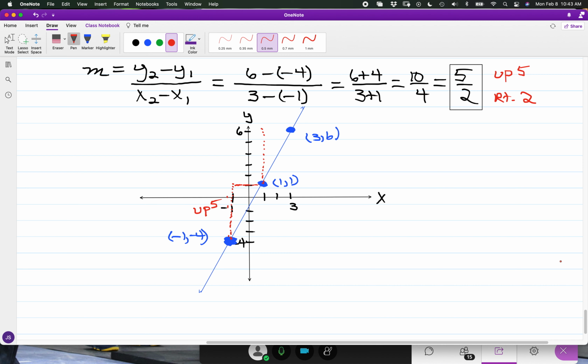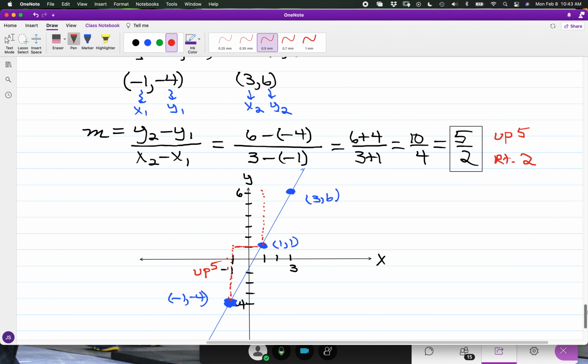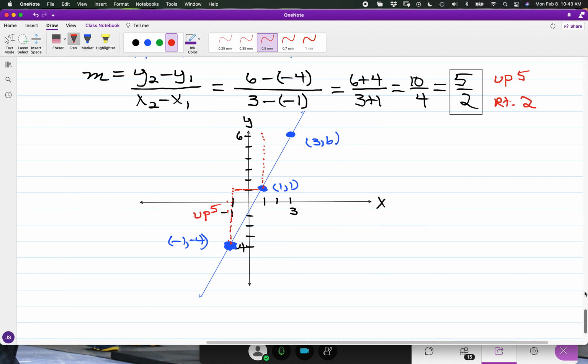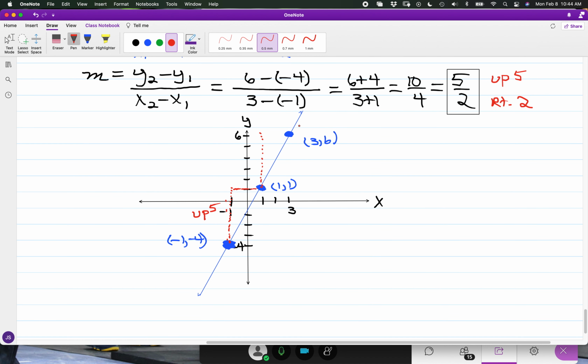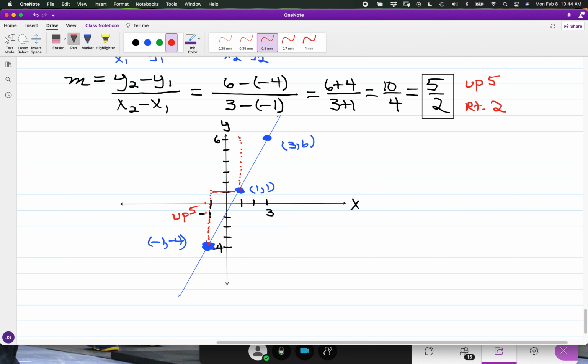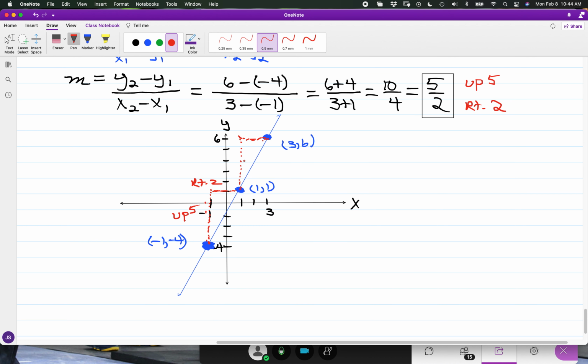And in this particular case, I have going from (-1, -4) to (3, 6). Okay, so up 5, right 2, and then just repeating the cycle, up 5 and going to the right 2 units, so I have (3, 6), and if I followed the same cycle going up 5 units and to the right 2 units, I would end up at (5, 11).